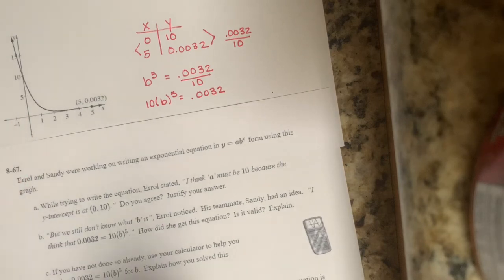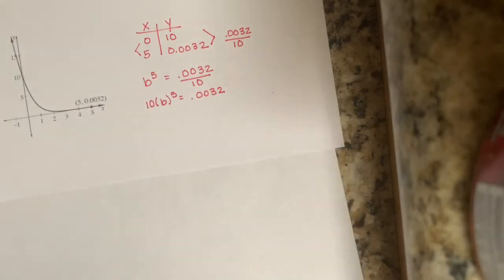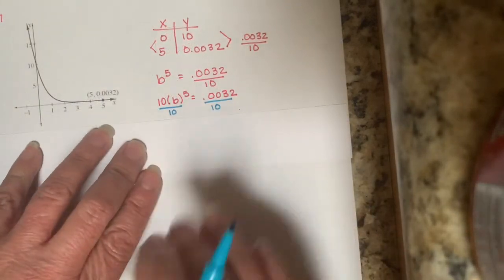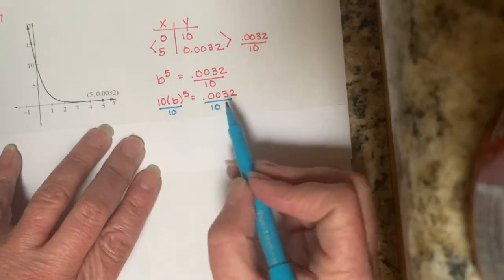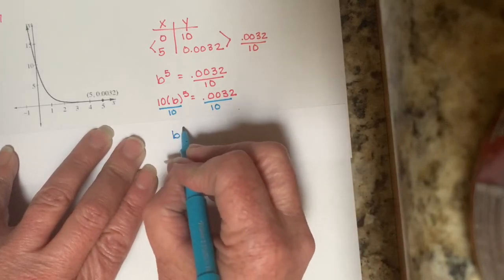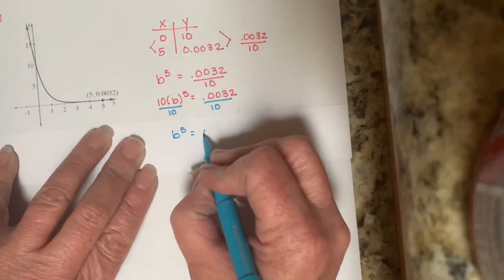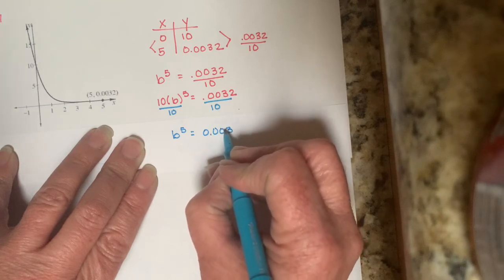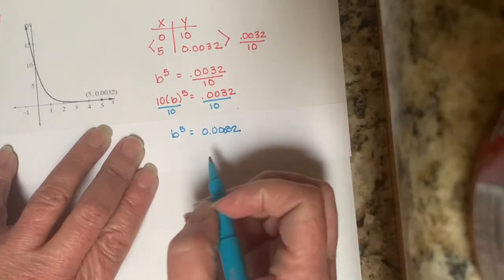So the question that most of you probably have is, so how the heck do I solve that? Well, what you will notice is that we need to do the reverse of what I just did. So if I divide both sides by 10, I get b to the 5th equals, instead of 32 thousandths, 3200 thousandths.